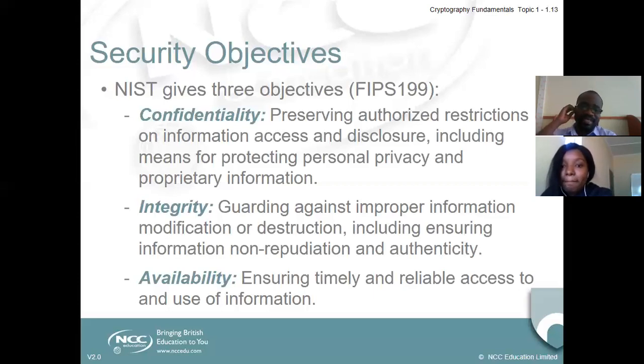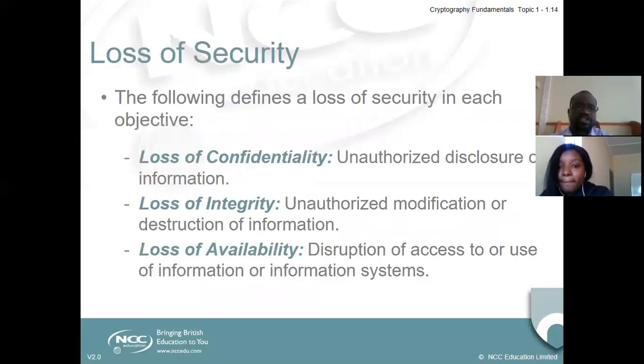Then we have availability, ensuring timely and reliable access and use of information. Availability, meaning that information should be available at any time. Whenever we need it, information should always be there. Loss of security: the following defines the loss of security in each objective.